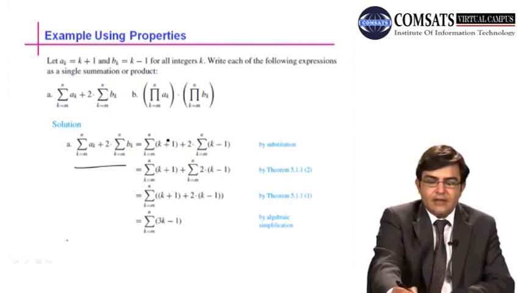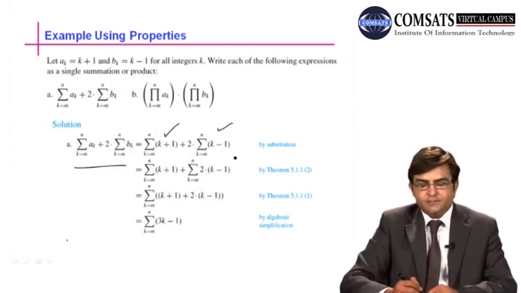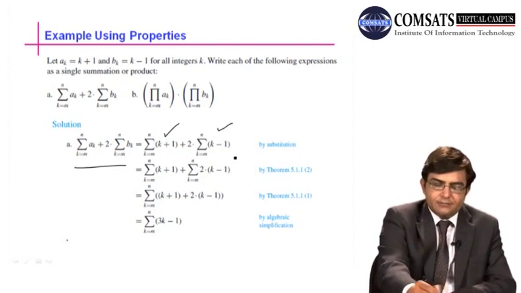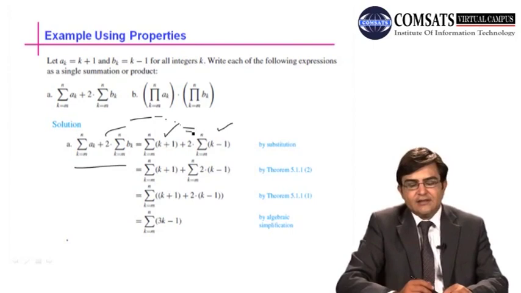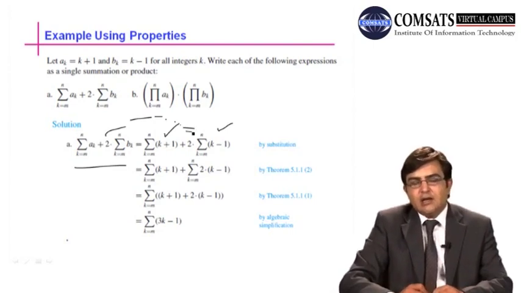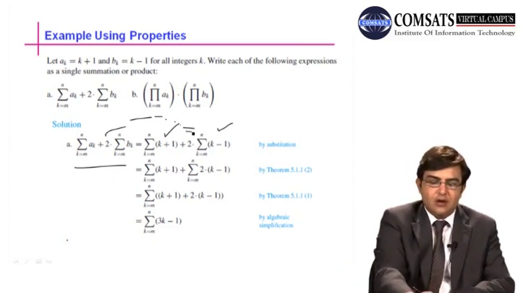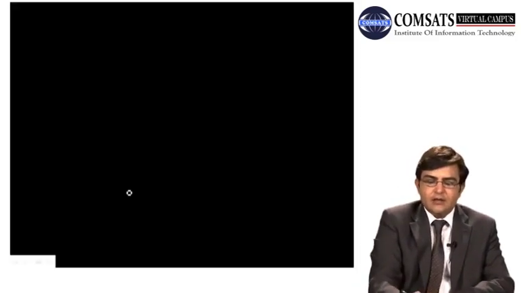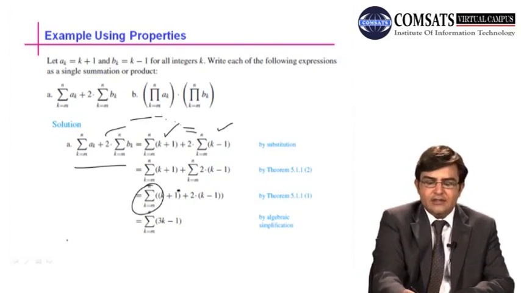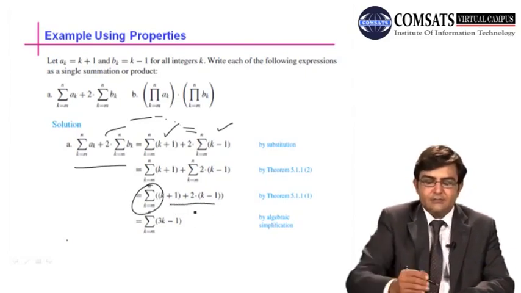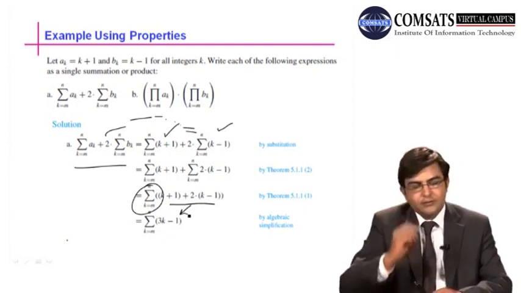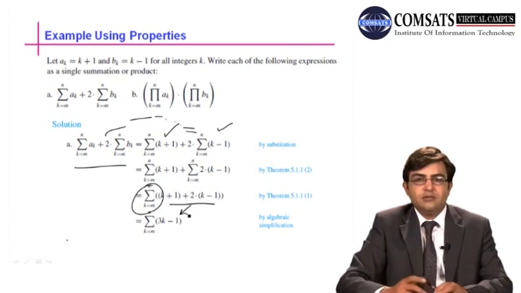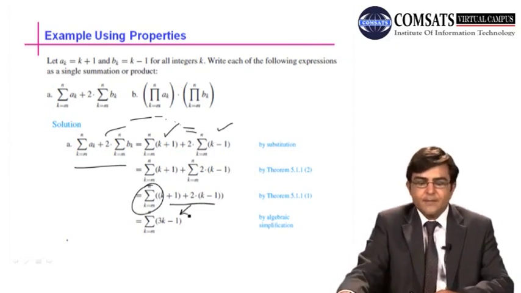Here we write k plus 1, here we write k minus 1, the 2 comes as it is. And now, as the index and the variation of the summation are the same in both terms, we can take the summation out as a single summation, add up the internal terms and simplify them like this, and we obtain the summation of two different sequences.